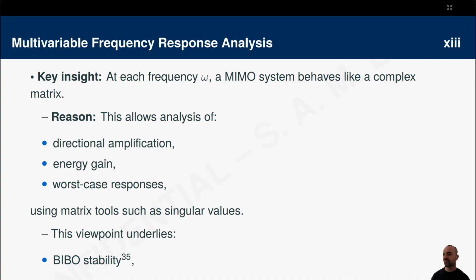And then at each frequency omega, the MIMO system behaves like a complex matrix. This allows analysis of direction and amplification, energy gain, and worst case scenarios using matrix tools such as singular values. This viewpoint underlies BIBO and MIMO stability too.